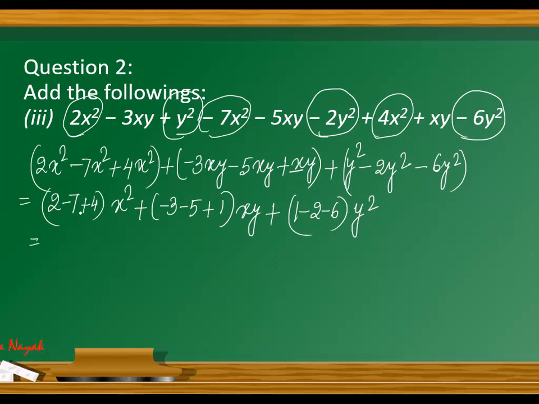So simplify, 4 plus 2, 6 minus 1. So minus x². Then it will be minus 3 minus 5 minus 8 plus 1 minus 7xy. Then it will be minus 8 minus 7 again, 7y².